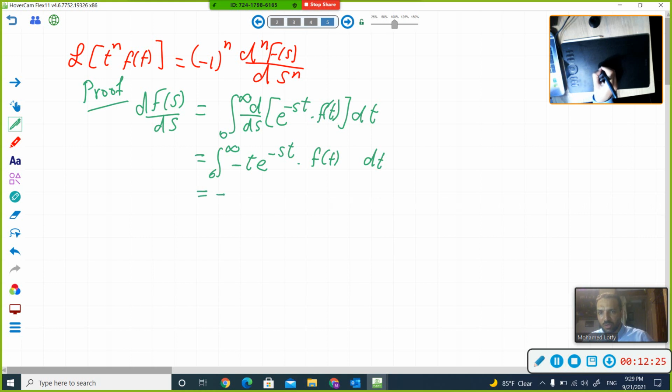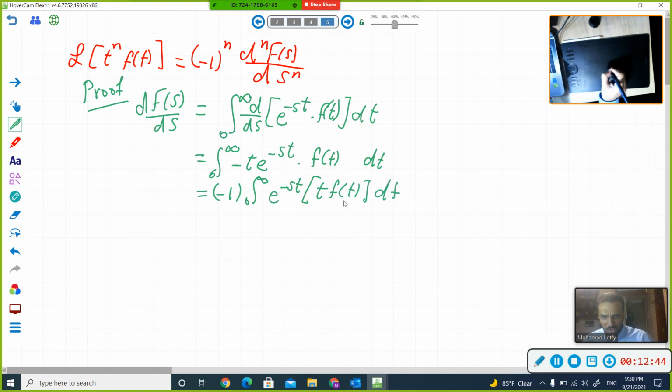It will be equal to minus 1, pulled out of the integration sign, times the integral of e to the power negative st, with this t combined with f(t).